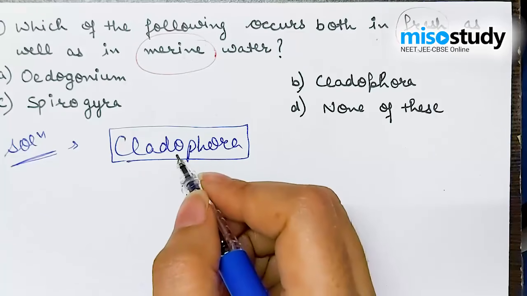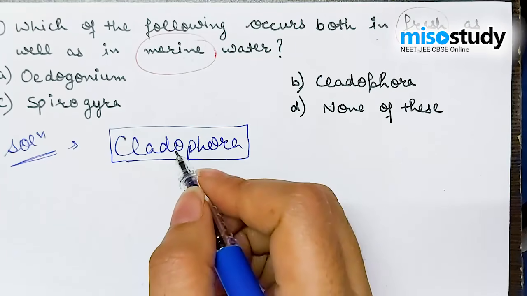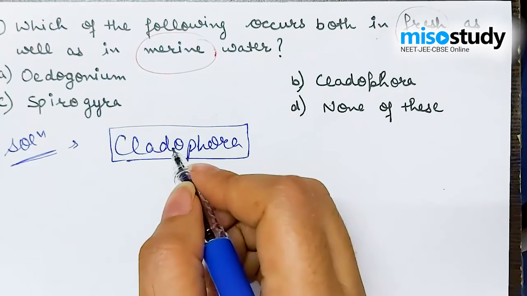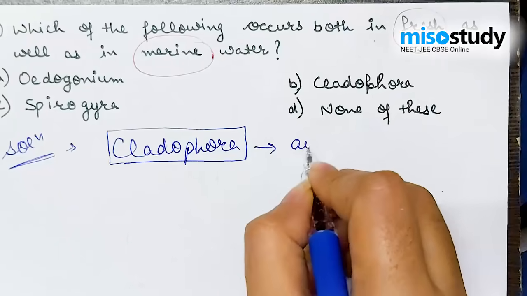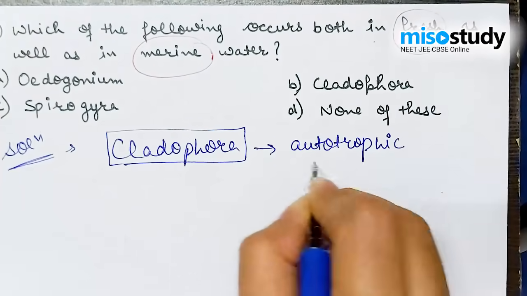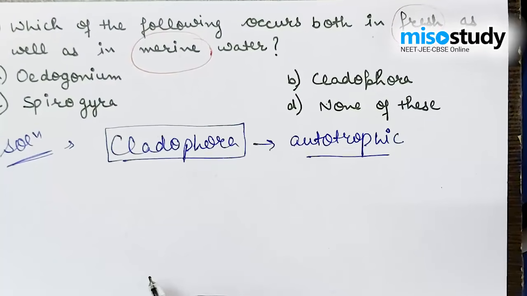Why do I name Cladophora? Because we know about their habitat and their basic features. Cladophora are autotrophic. It means they are capable of producing their own food.